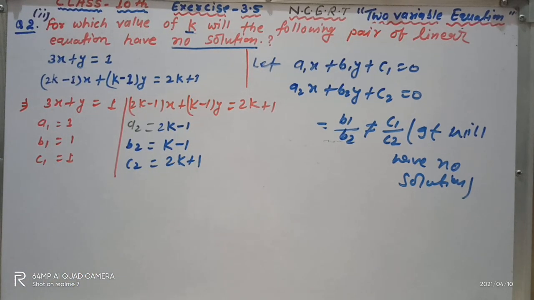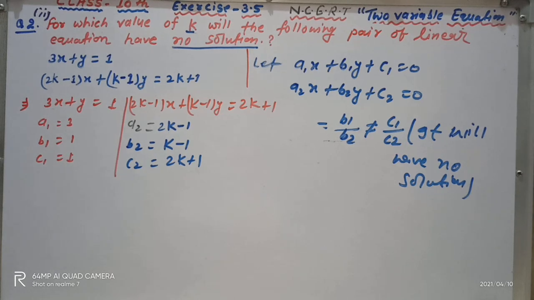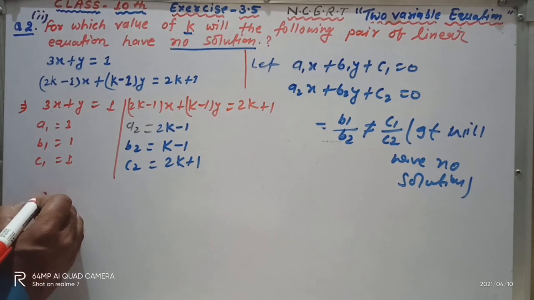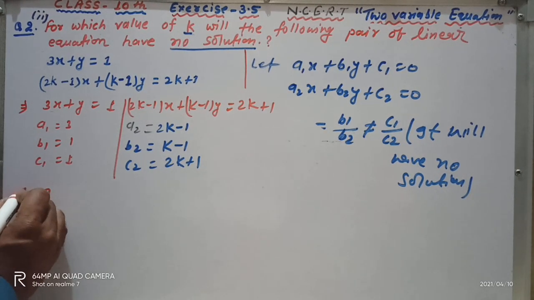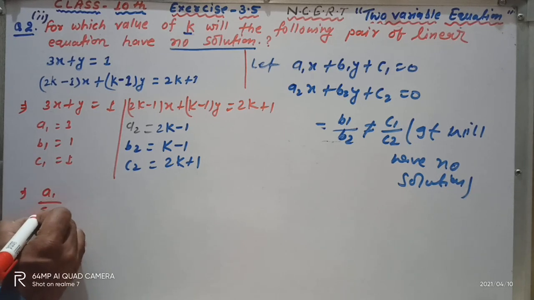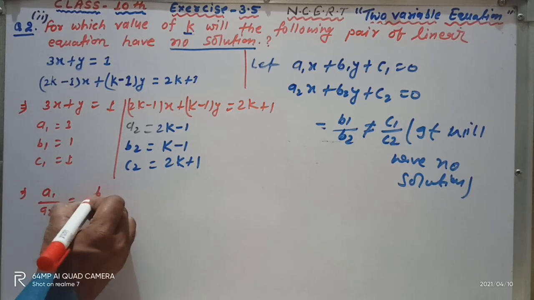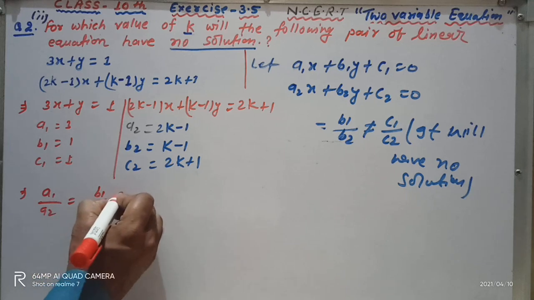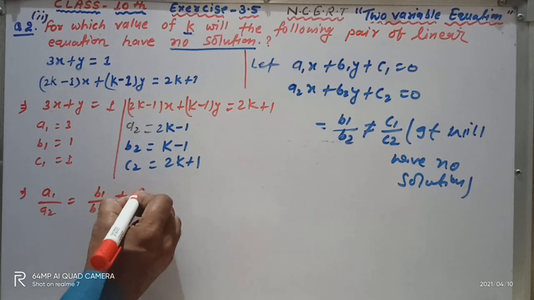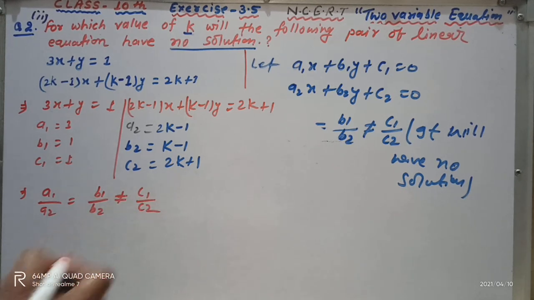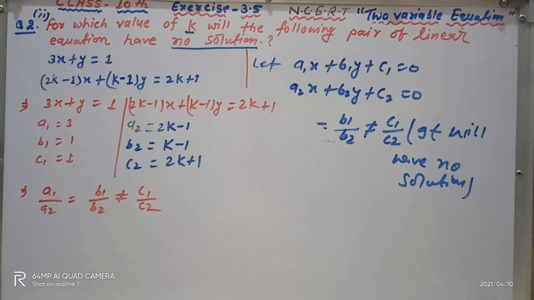Now we put these values into the formula. The formula is: if a1 by a2 is equal to b1 by b2 is not equal to c1 by c2, then it will have no solution. So let's put in all the values we have.